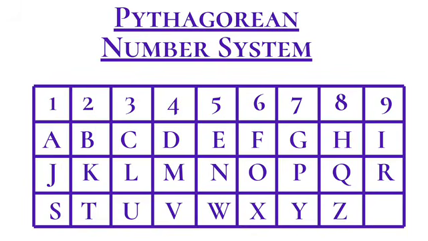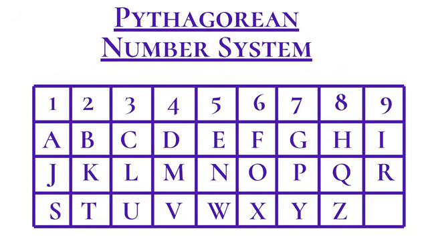And so after discovering that all numbers hold a specific energy, Pythagoras created the Pythagorean number system, and from that we have modern numerology today. So what it is, is a chart with all of the letters of the alphabet and all letters corresponding to a specific number.